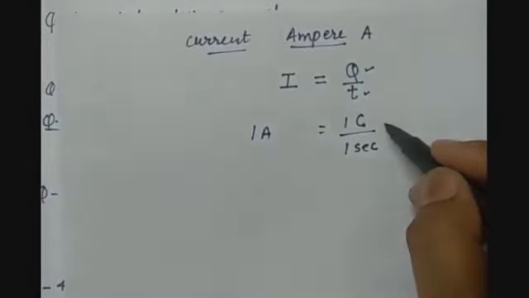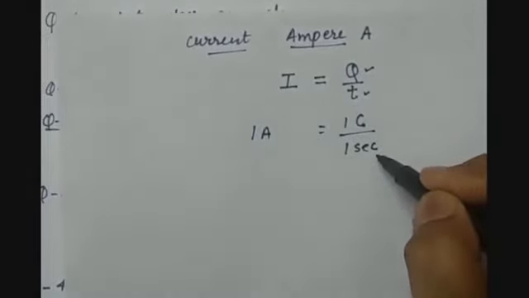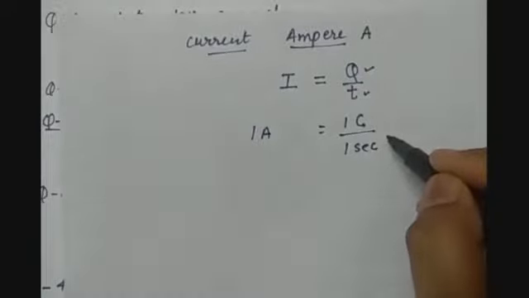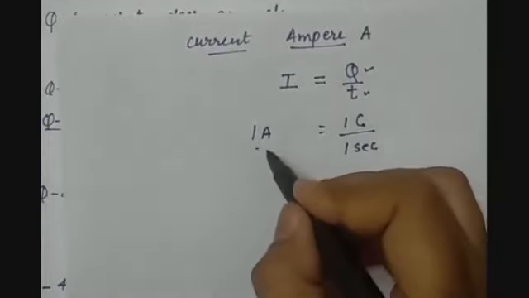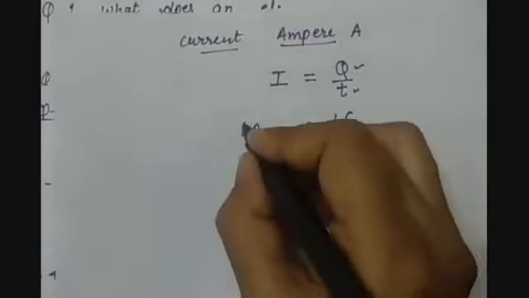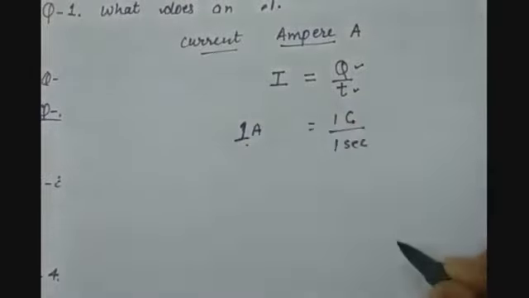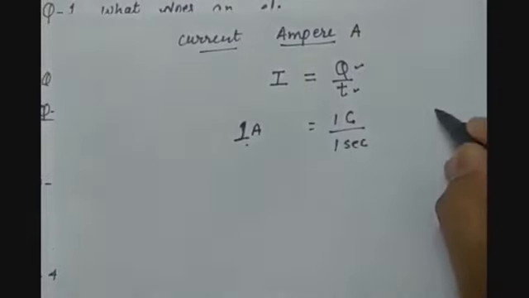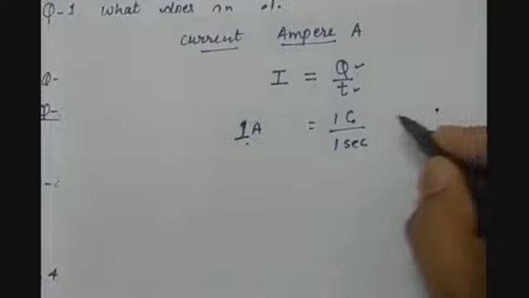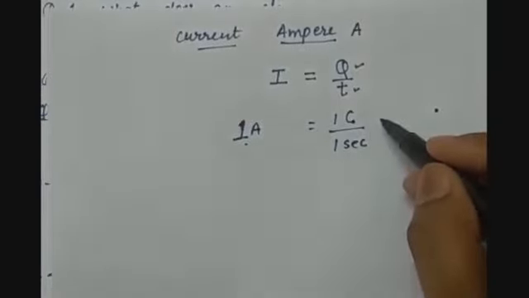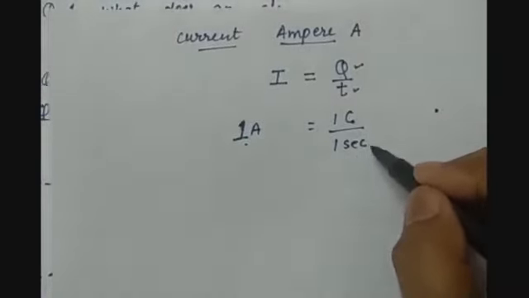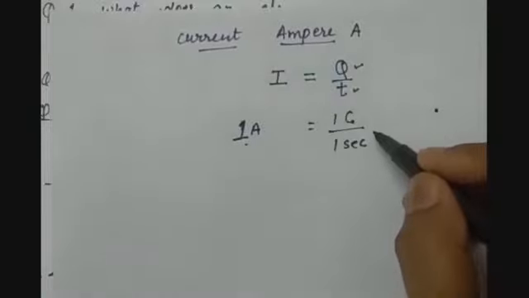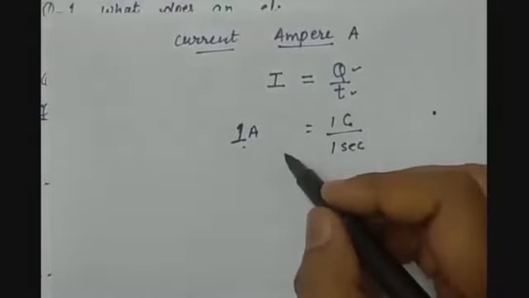So when 1 coulomb charge is flowing through the conductor in 1 second, then the current is said to be 1 ampere.